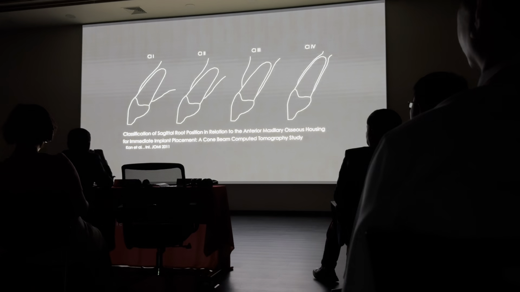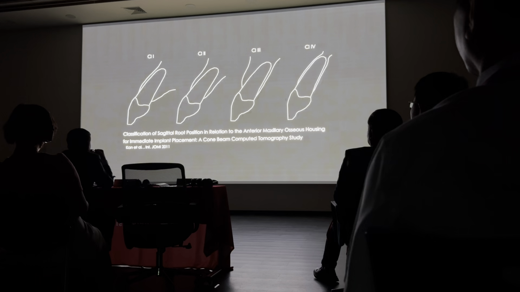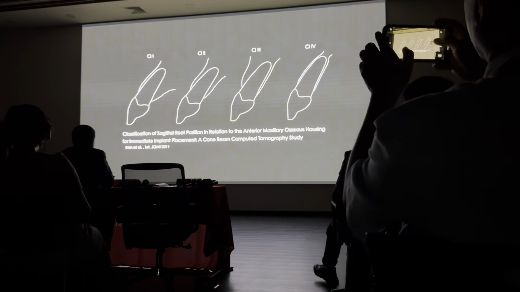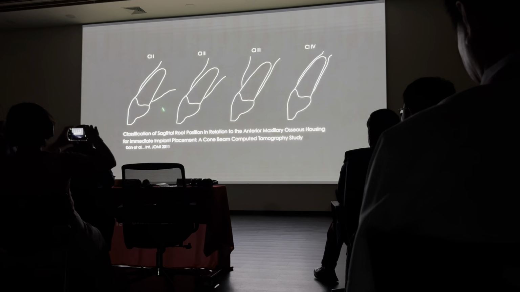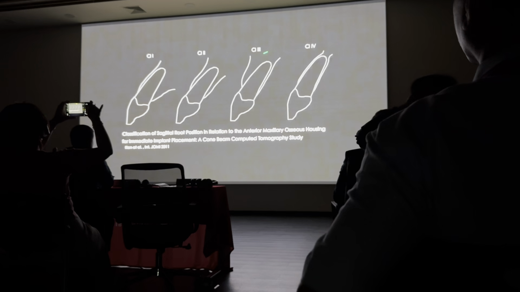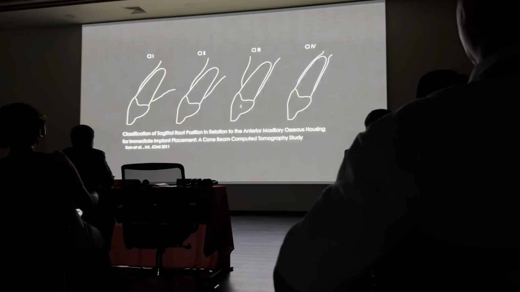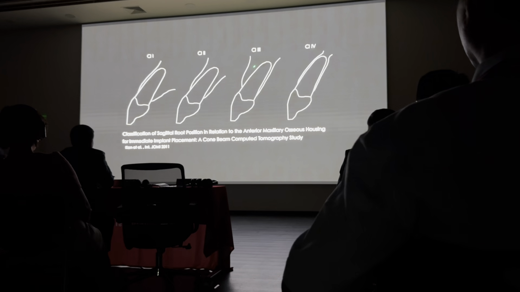I started in 2020 to place immediate implants on infected sites where there was no facial plate, no palatal. The only problem is that you need to look at the relationship between the tooth and the housing of the bone, the alveolar bone.